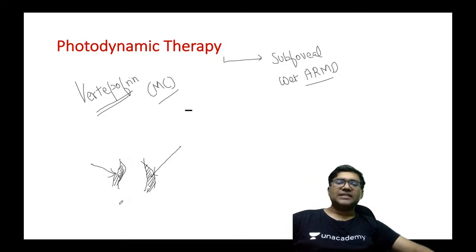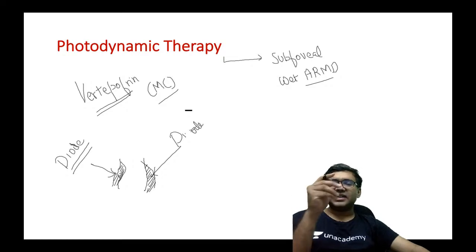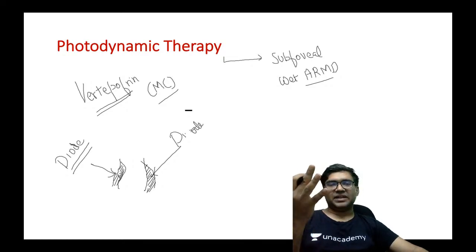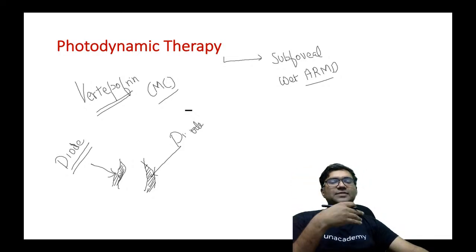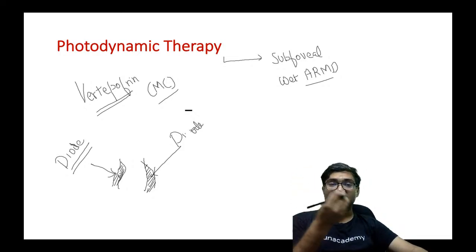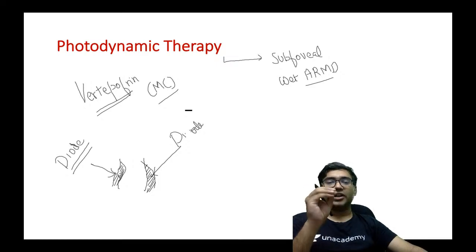So what is the laser we use? The laser we use is a diode laser, a 689 nanometer diode laser. So how does this basically work? This laser coagulates the new capillaries, so the leakage and the blood extravasating from these new vessels is now controlled.